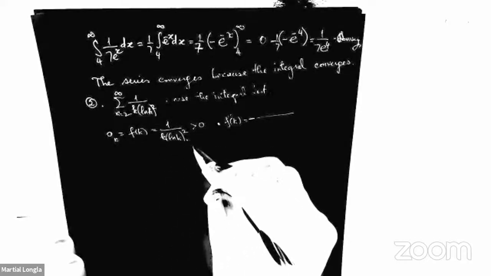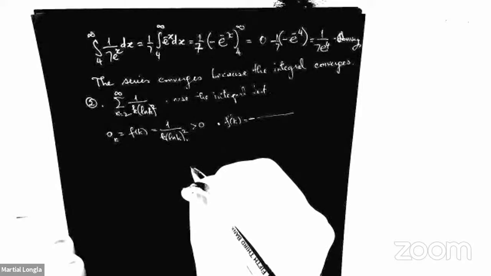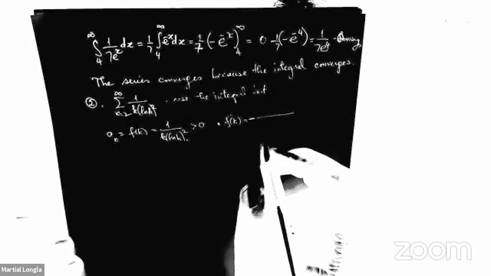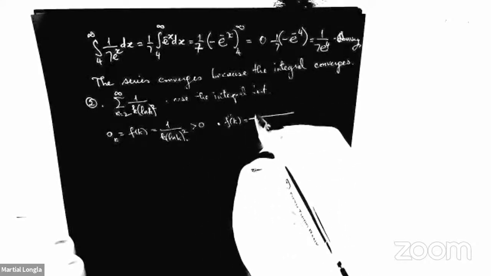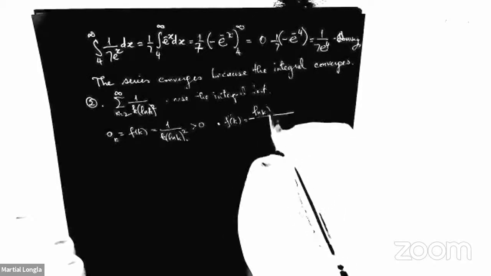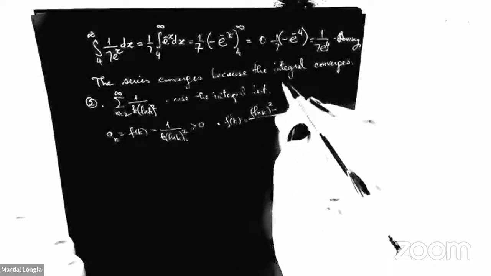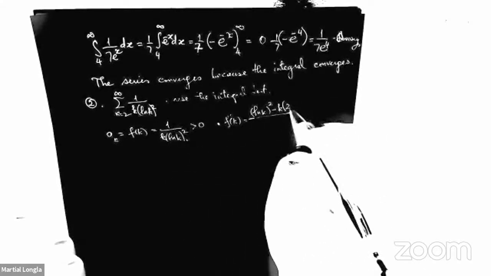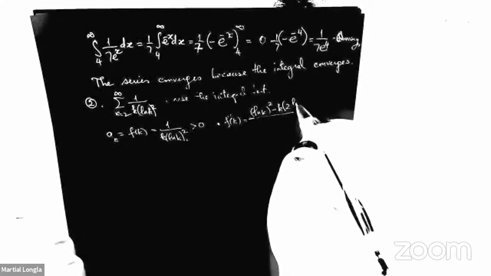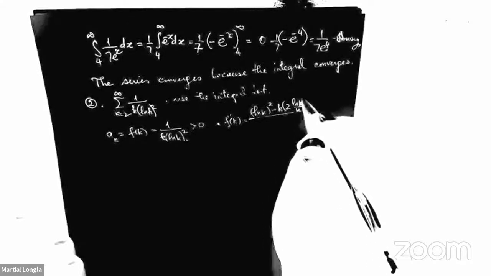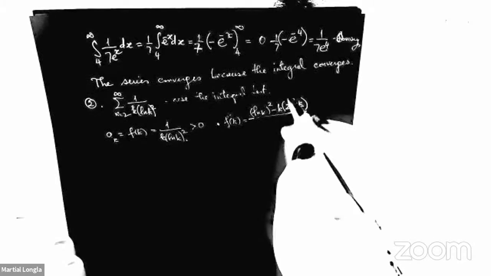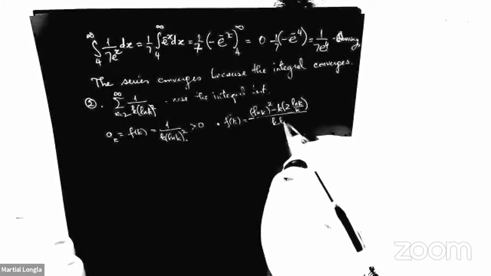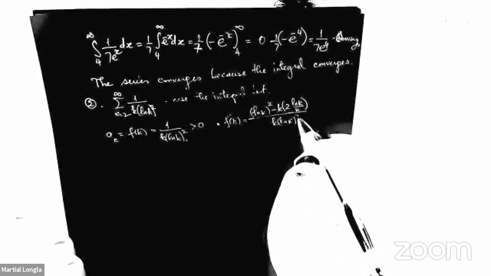Use the product rule. That will be ln of k squared minus k times the derivative of ln of k squared. That's 2 ln of k over k, divided by k ln of k squared.